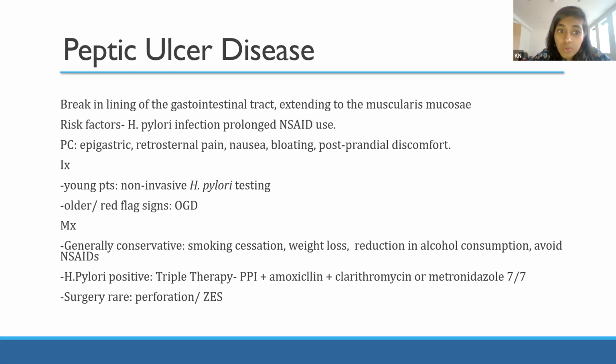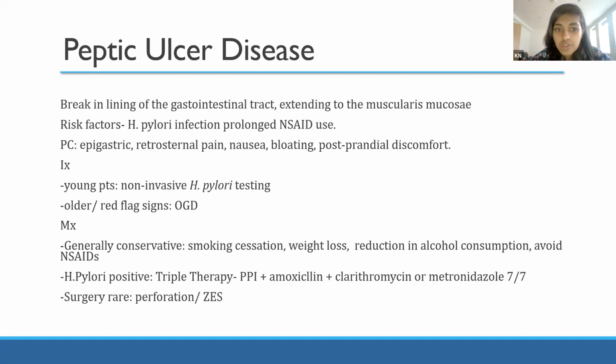But you would consider first-line non-invasive H. pylori testing, because that's something that can be managed quite easily. Particularly if it's an older patient and you're starting to see red flag signs, so maybe some melena, maybe some weight loss, maybe some wasting, you definitely want to refer them down for endoscopy, fairly sharpish, actually.